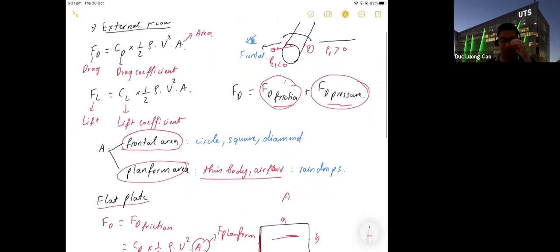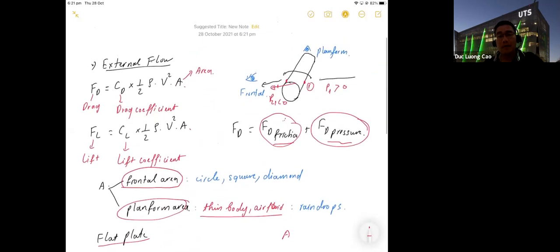External flow. Do you have any question about external flow? Any question about external flow? No? Okay.